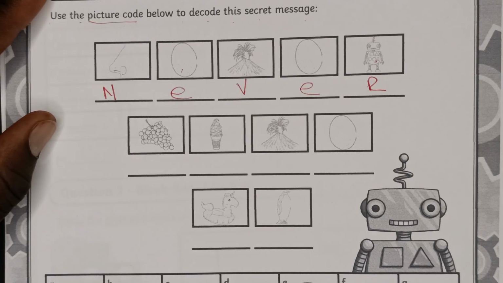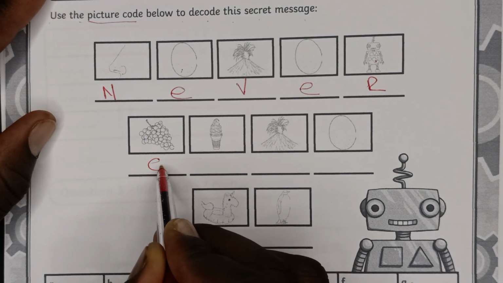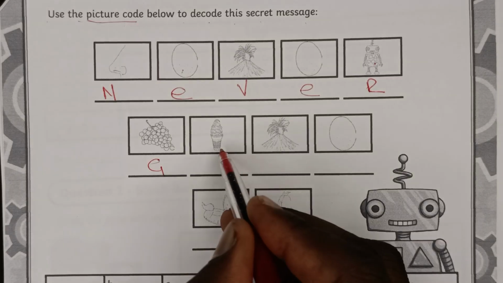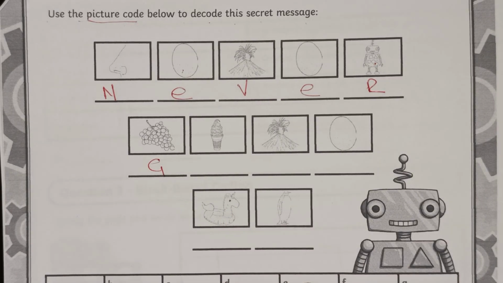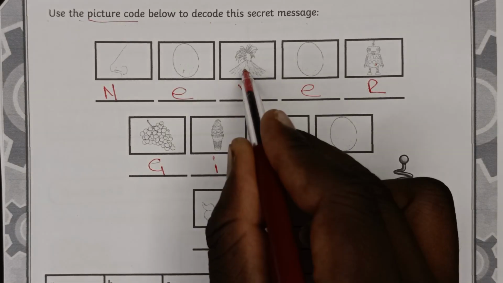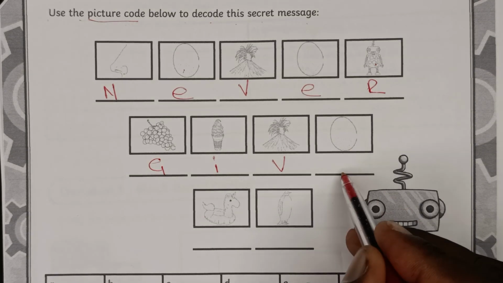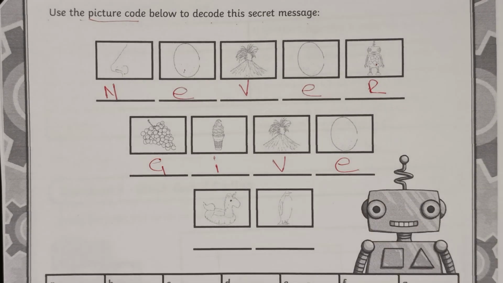When we look here, they have G. So this is G. Then a picture of an ice cream. Then it means we have an I here. And we have a V again. And then this is E again.